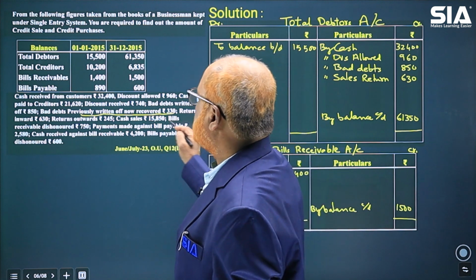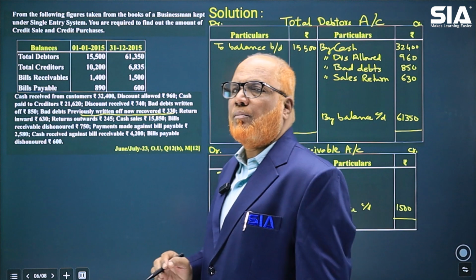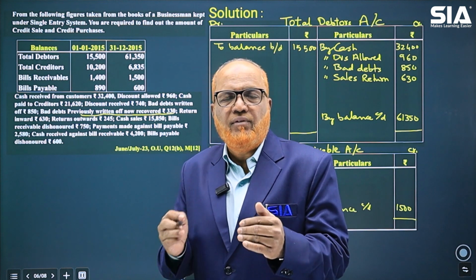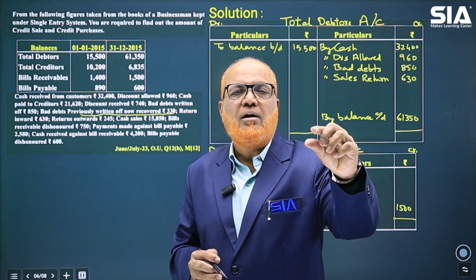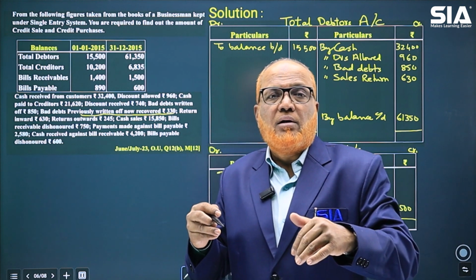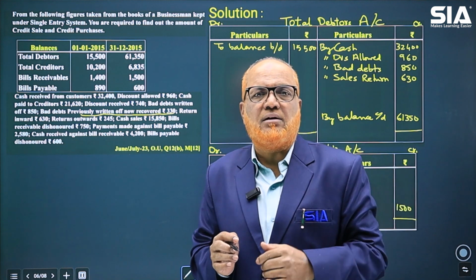Then comes bills receivable dishonored. First of all, we receive the bill. When we receive the bill, entry will be bills receivable account debtor to debtors account. Later on, that bill was dishonored. The entry should be reversed.